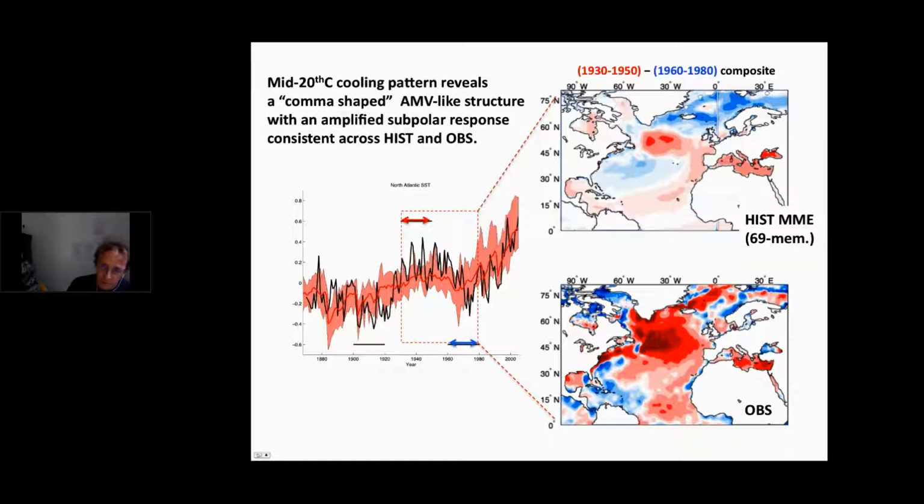There is this tropical, subtropical lobe, and there is a cold lobe in the central Atlantic. And this is very similar to what the observations also show for the same period. Another interesting feature that you might notice, both in the observations and in the model, is this connection with the Mediterranean area.